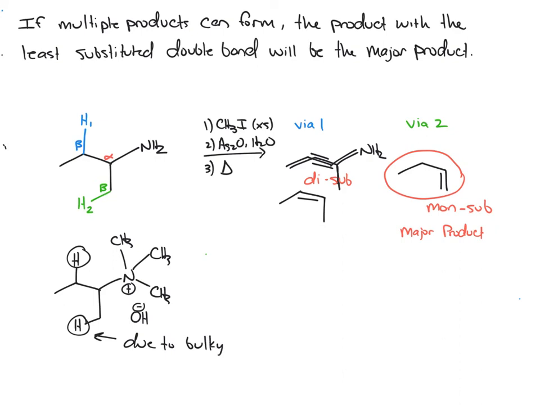So we'll just say due to the bulky leaving group, the trimethylamine, it's just easier for the base to grab this more accessible hydrogen.